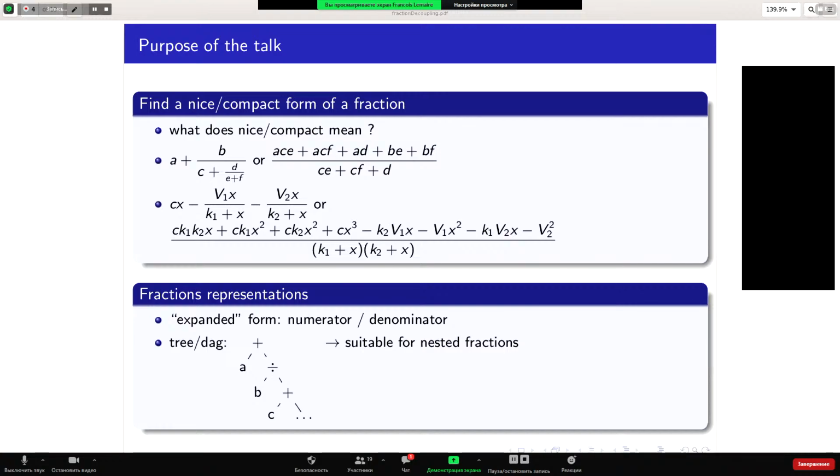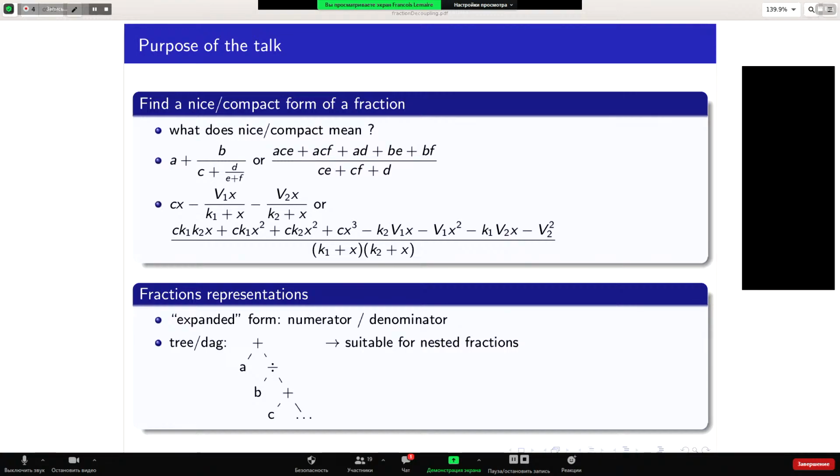Also, in biology, it's quite common to obtain this kind of fraction, which is a sum of fractions with different denominators. And if you expand this sum of fractions, you get a rather big fraction with one denominator and one numerator. And you see that all the terms get mixed together.